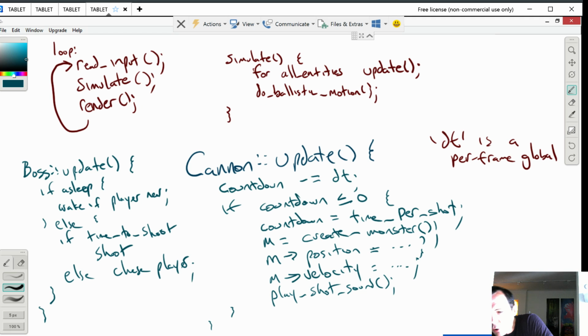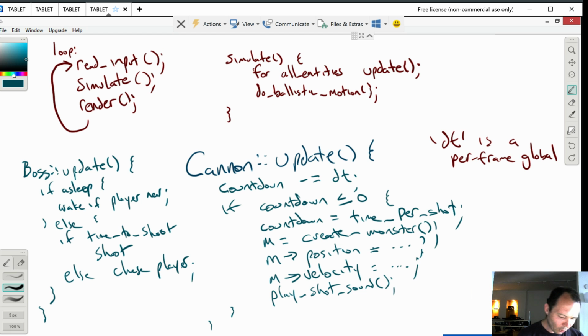Now, first of all, well, there's a lot of things to talk about here, right? So first of all, even if you're not caring about being super frame rate independent, and you just want reasonable, consistent results without doing rocket science for your game update, I've already made a couple of mistakes in the cannon update here.